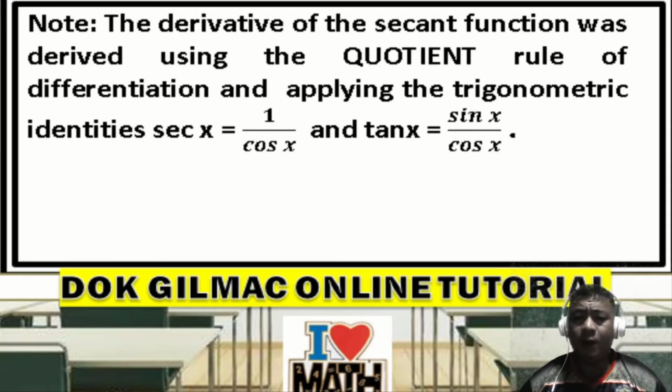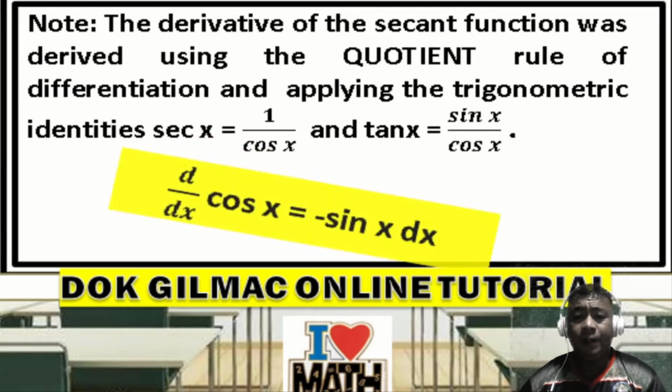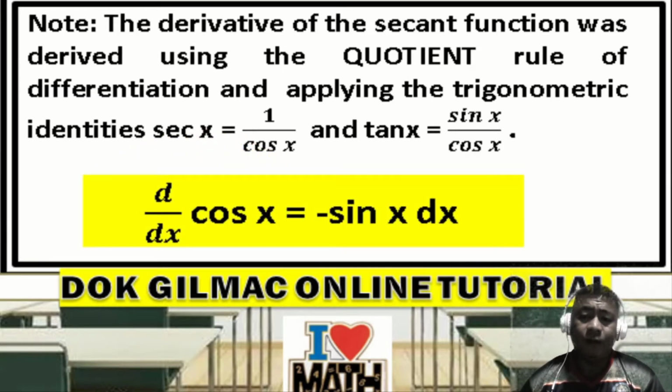In this particular proof, we will be using the derivative of cosine function. That is, d over dx of cosine x is just equal to negative sine x dx.